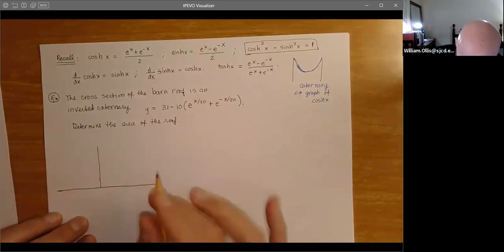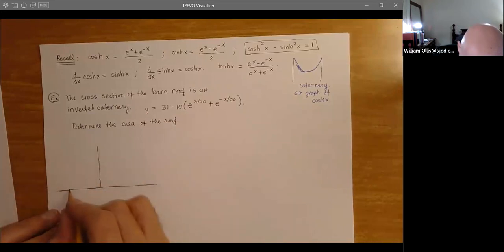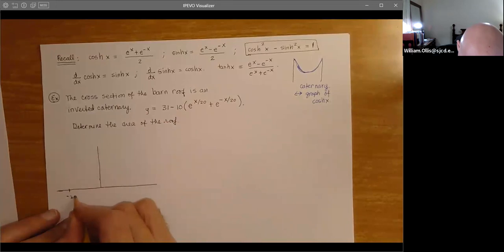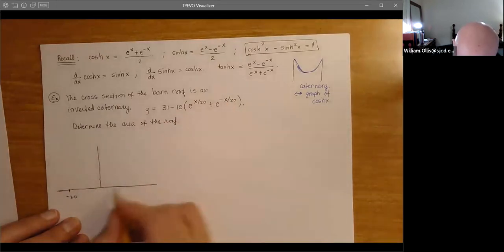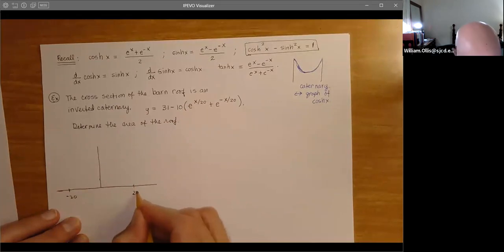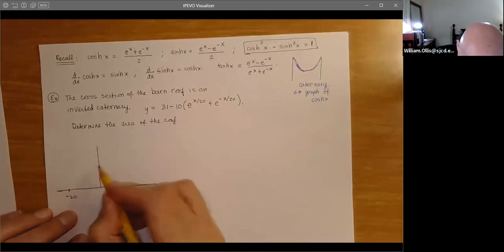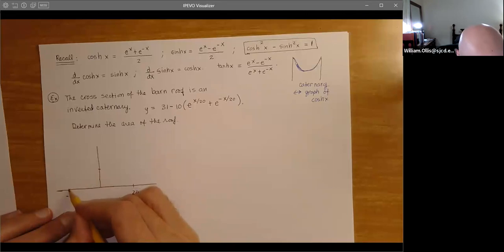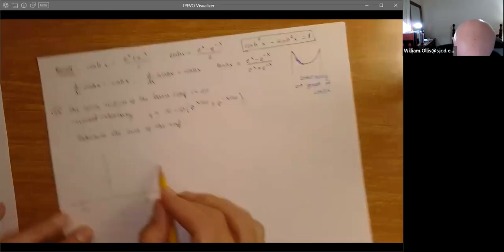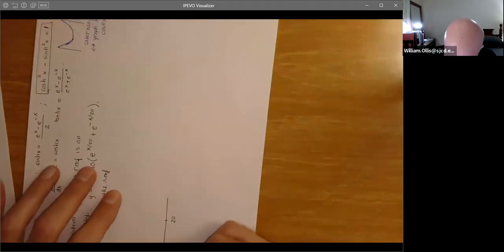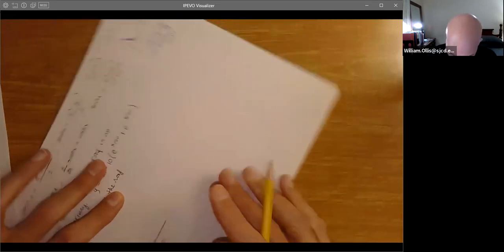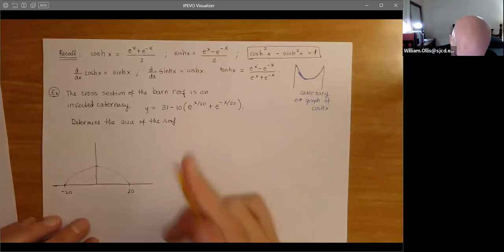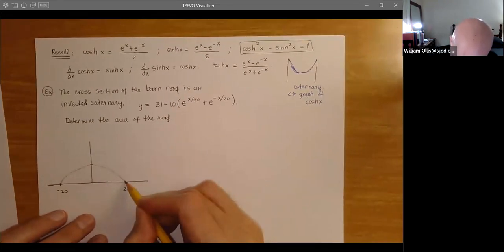And so we'll mark off negative 20 and 20. So that's where these 20s are coming from. So we have the inverted catenary. Kind of looks ellipsoidal, but not quite. Like that. And then we can just run the breadth back.